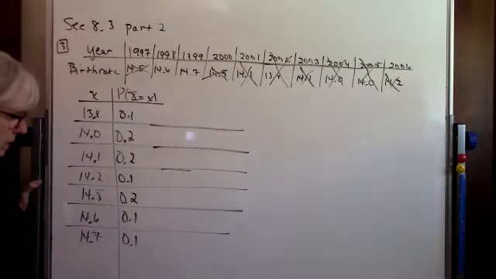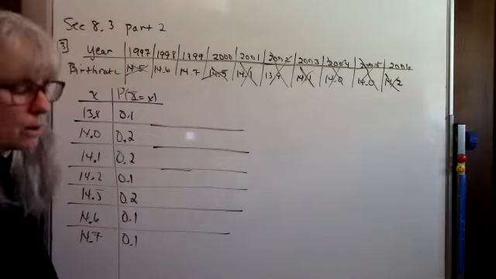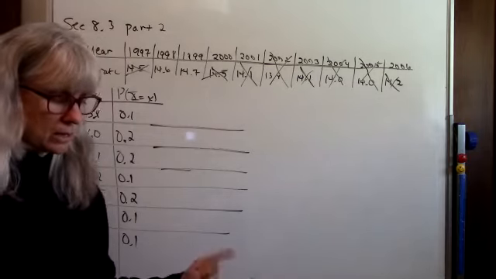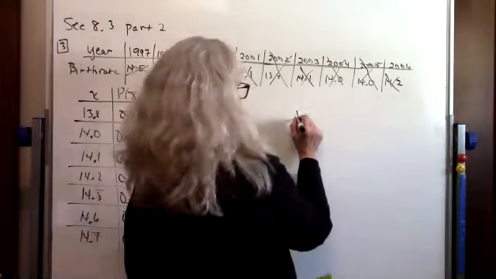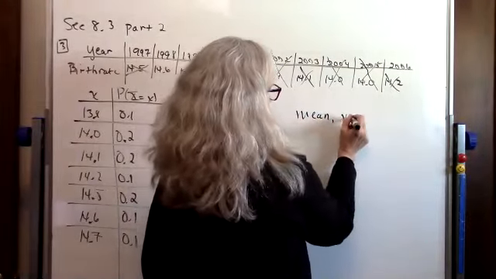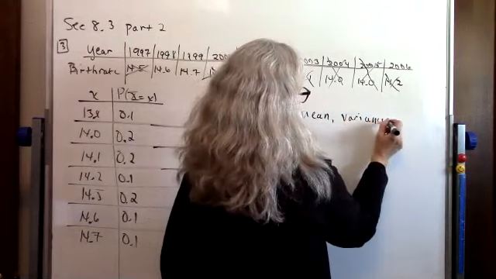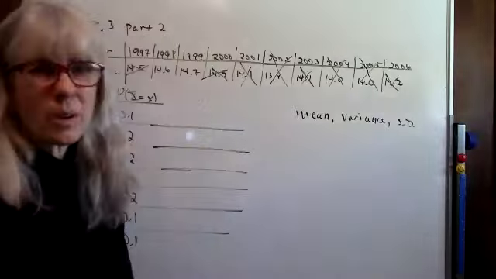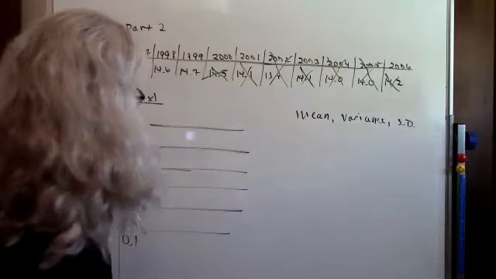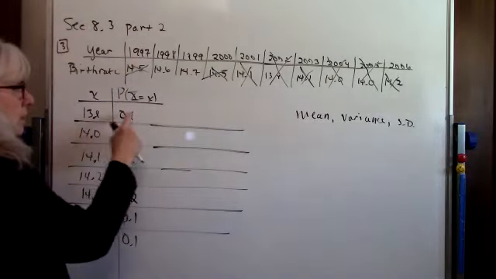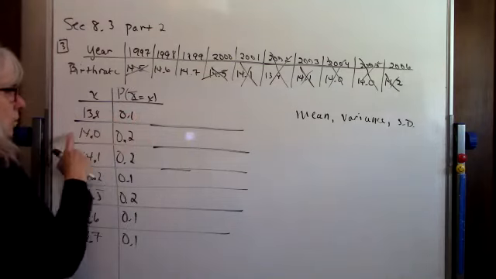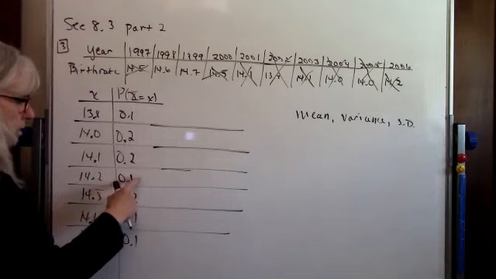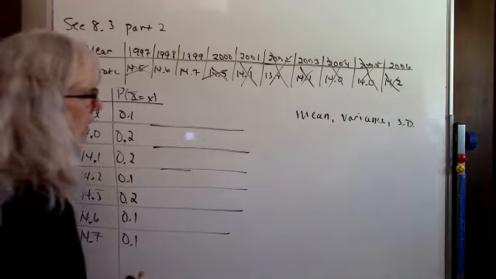The first thing we need is the expected value in order to find the variance. Part C is asking us to compute the mean, variance, and standard deviation. The mean is our expected value, so we have to find it as our first step. To find the mean, we take 13.9 times 0.1 plus 14 times 0.2 plus 14.1 times 0.2, 14.2 times 0.1, and add them all together.